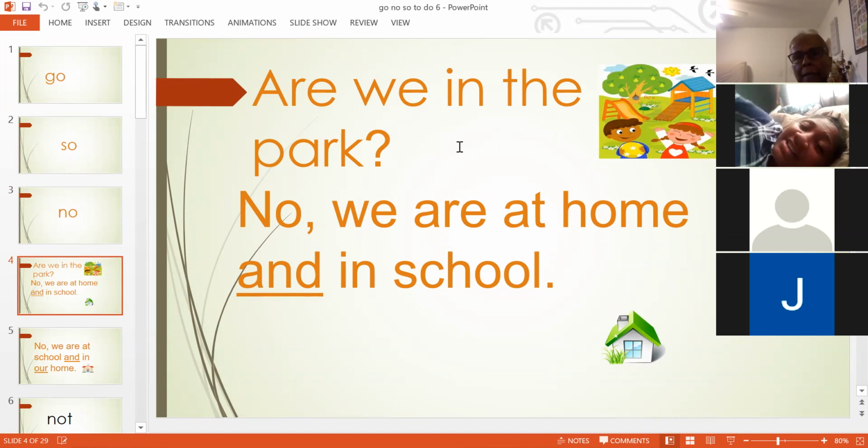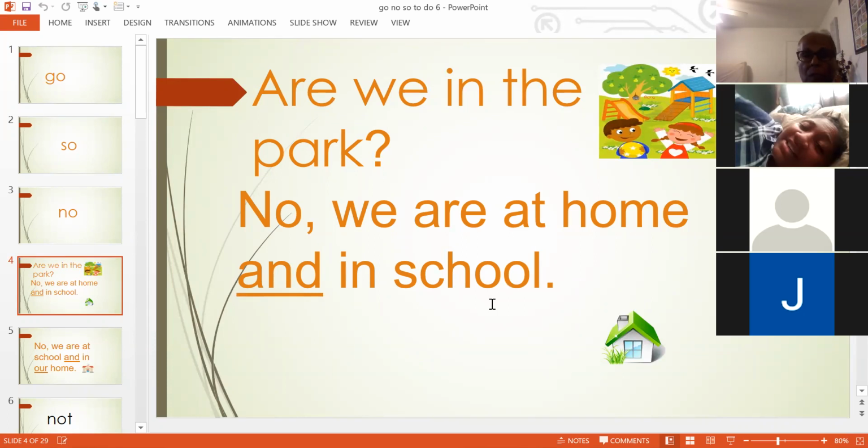Now notice the kind of sentence I put here. Are we in the, and you have a park and you have a picture of the park. And then no, we are at home and in school. So the sentences that I wrote here are pertinent to the words we are doing and the ones we have done in previous lessons.